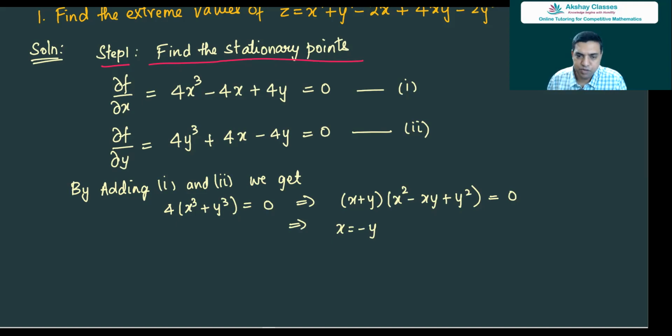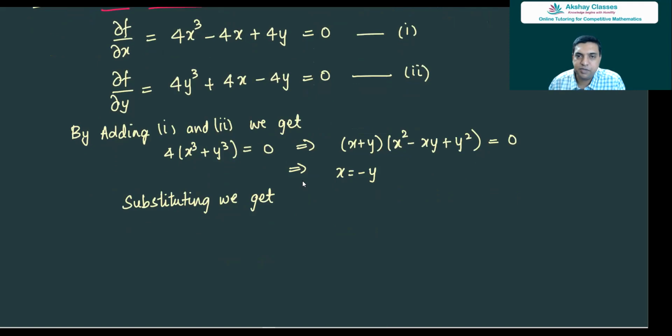So if we substitute this in 1 or 2, either one, let us substitute in 1: 4x cube minus 4x minus 4x equal to 0.